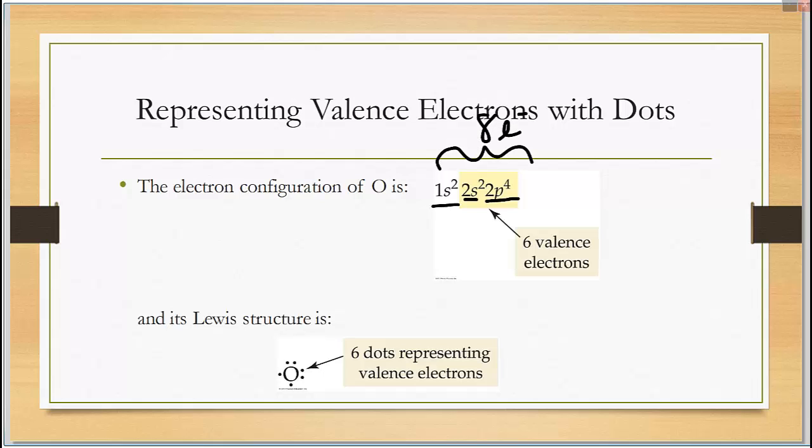If we take the outermost electrons, which are the valence electrons, they begin with 2's. So 2s2, 2p4 means that we have 6 valence electrons here. So its Lewis structure will have 6 dots around it. 1, 2, 3, 4, 5, 6.